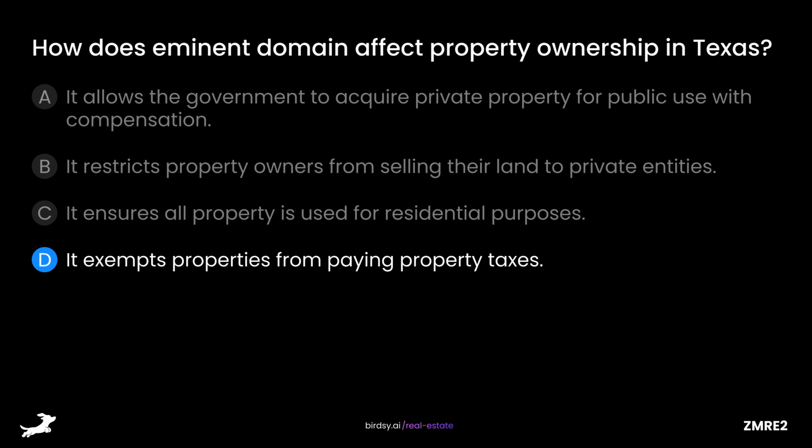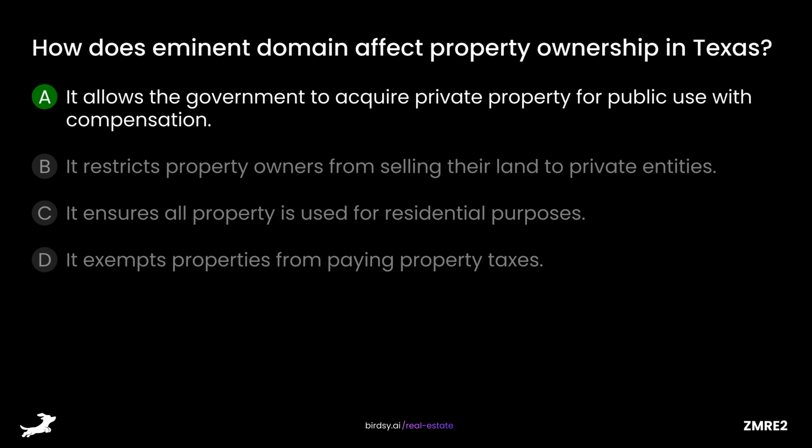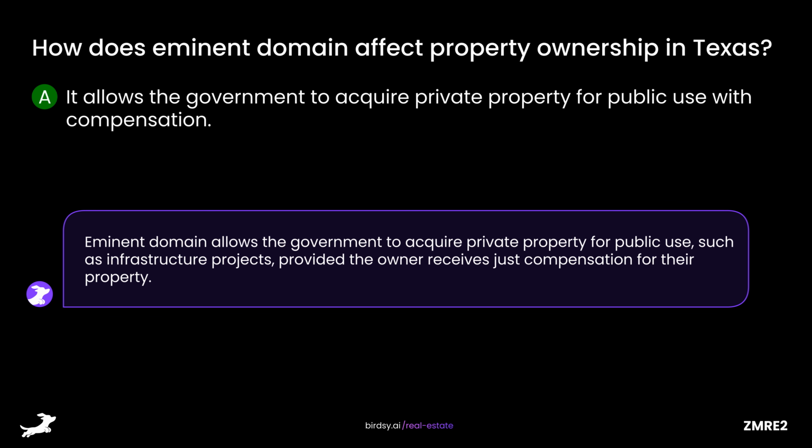Or D, it exempts properties from paying property taxes? The answer is A, it allows the government to acquire private property for public use with compensation. Eminent domain allows the government to acquire private property for public use, such as infrastructure projects, provided the owner receives just compensation for their property.